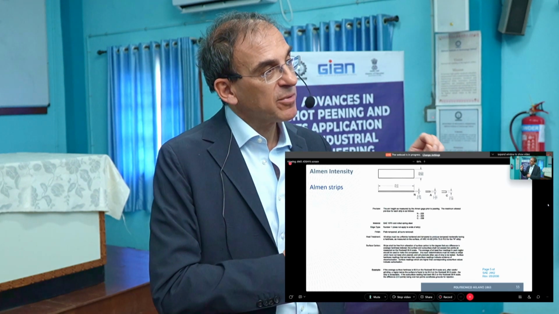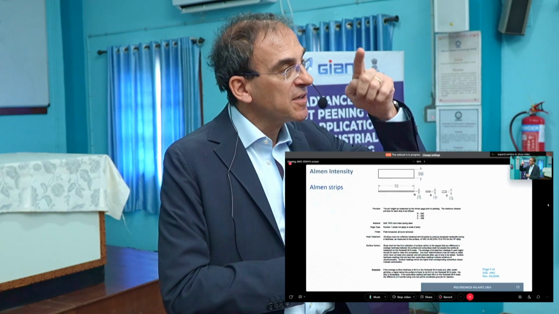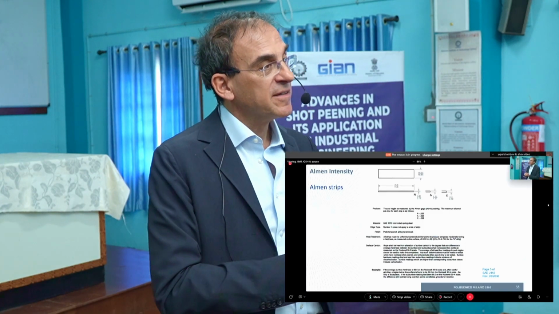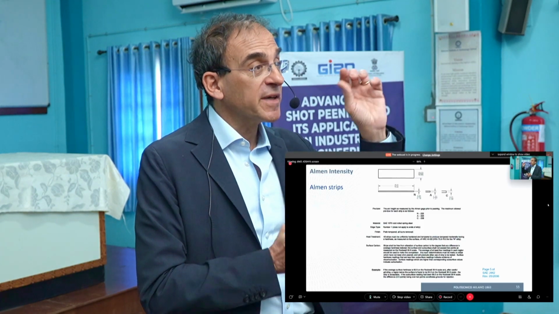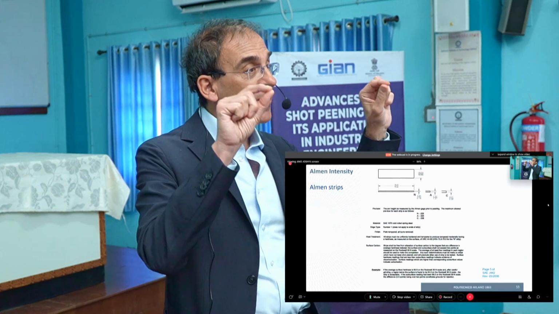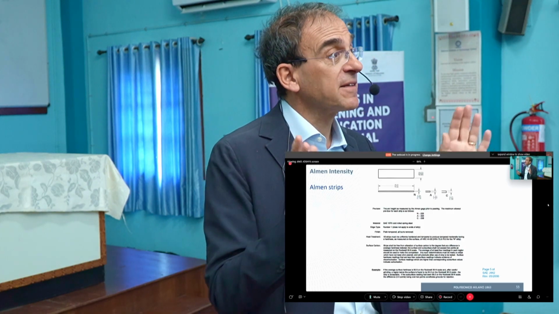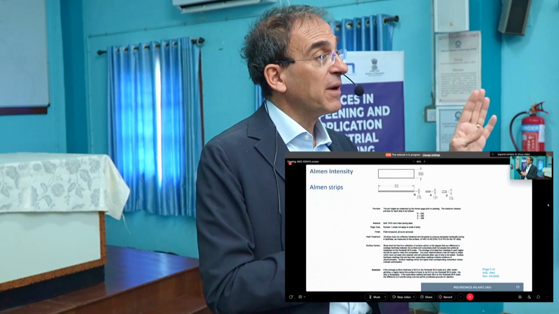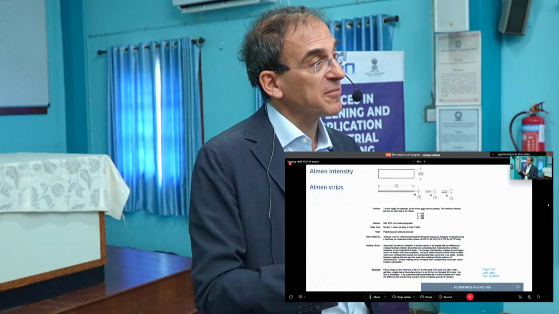And we are not able to get this intensity if we are using A strips, because the residual deformation would be negligible or too low to be clearly detected with the Almen gauge. So we are using a thinner one, N, to make it more evident. And then we will see that there is a relation between the measurements we can do by using N, A, or C.